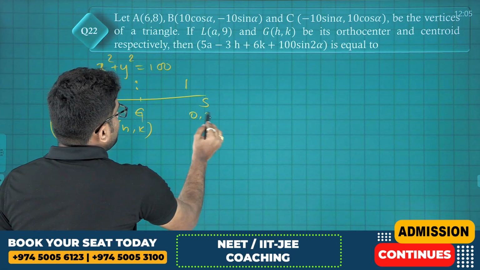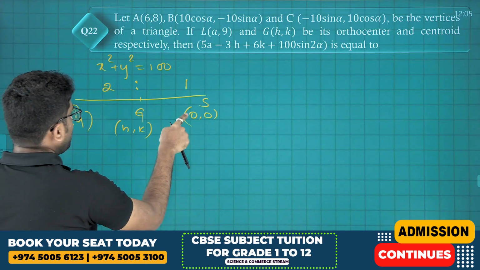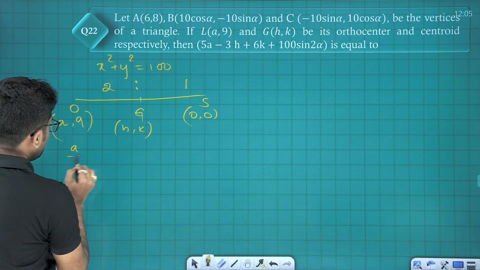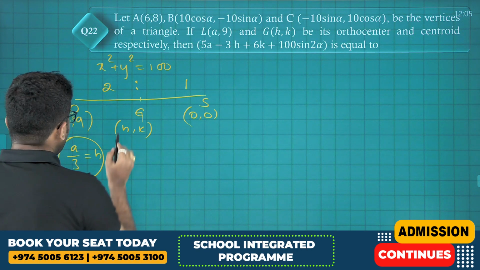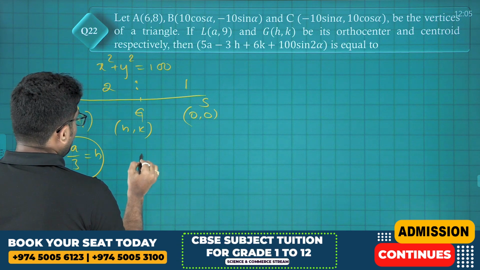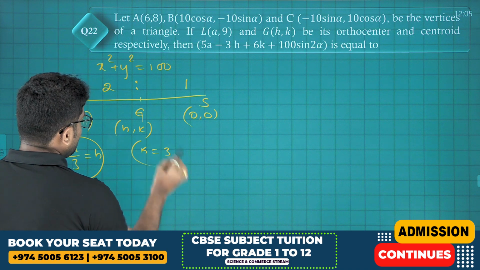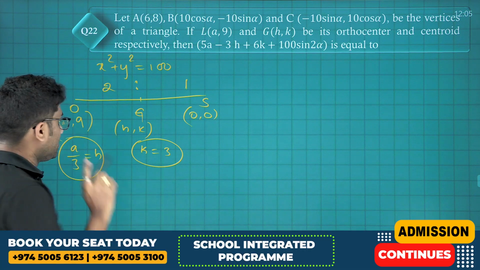We got circumcenter as (0, 0). Correct? So from here, 2 into 0, 1 into a. So a by 3 is equal to h. Okay, h is equal to a by 3. Next 1 into 9 by 3. So k is equal to 9 by 3, which is 3. We got k, we got h values. k is 3, but a and h.